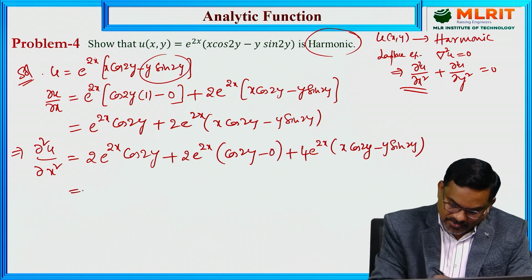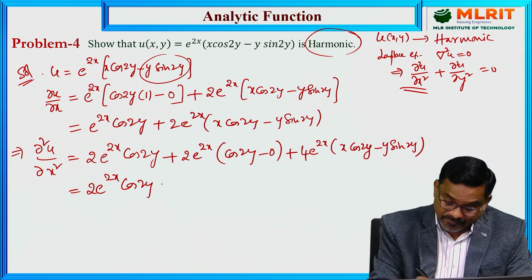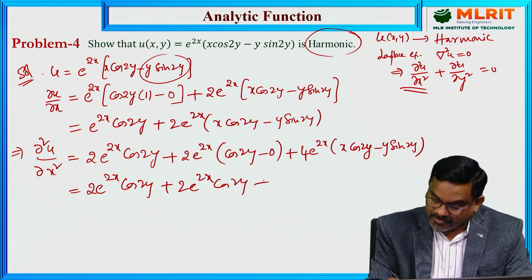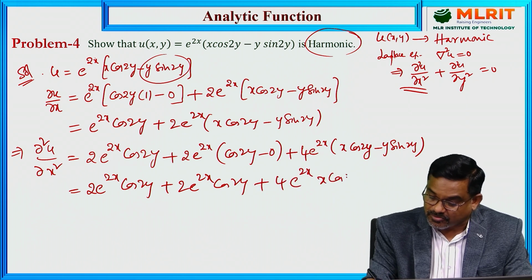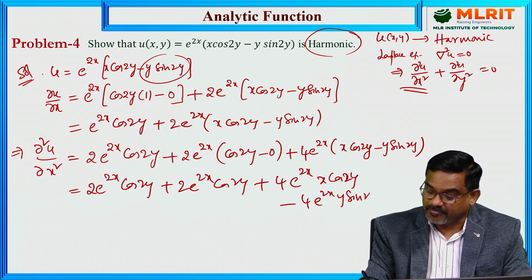So we need to simplify this first. So 2 e power 2x cos 2y plus 2 e power 2x cos 2y plus 4 e power 2x x cos 2y minus 4 e power 2x y sin 2y.